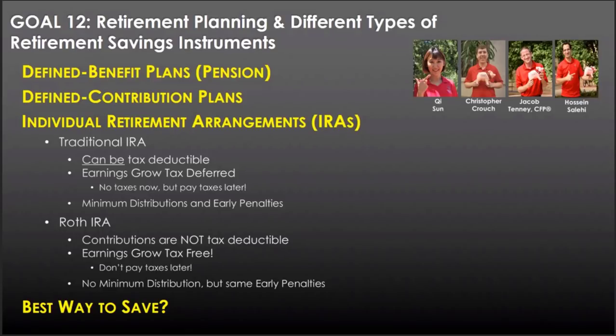So in other words, earnings grow tax deferred, and you need to pay taxes later. But for Roth IRA, basically your contributions are not tax deductible. You are going to pay taxes now, but later on when you start taking money out of your Roth IRA, your money is going to be tax free.